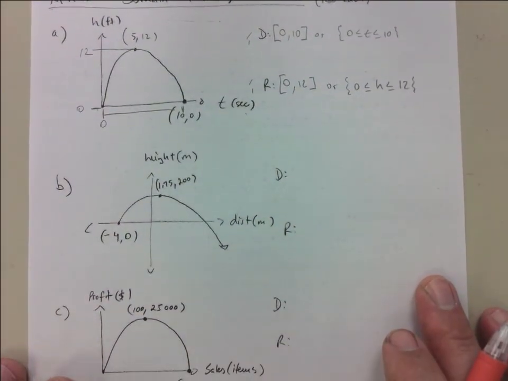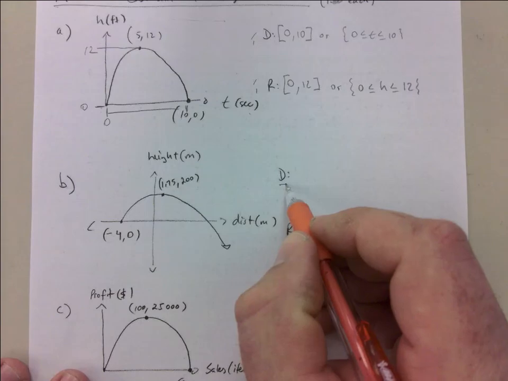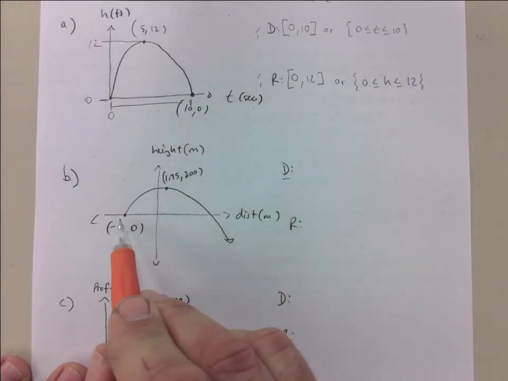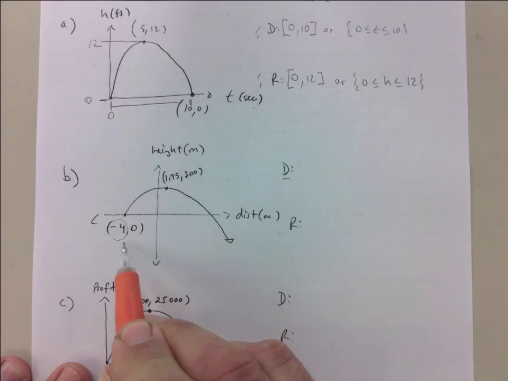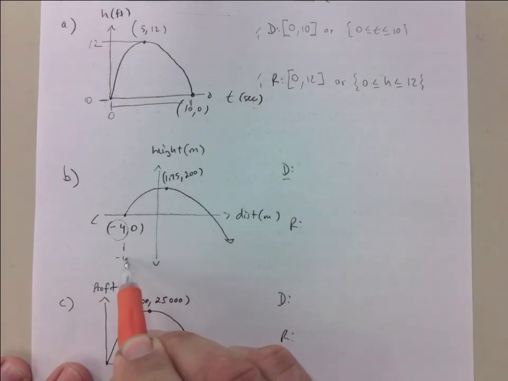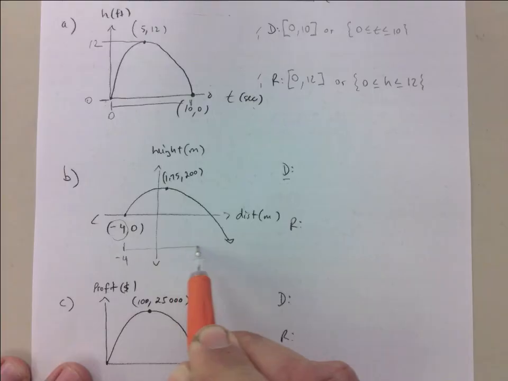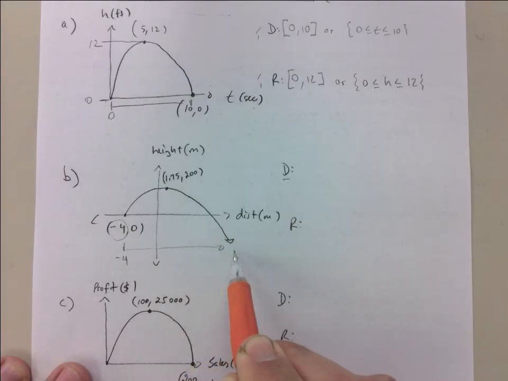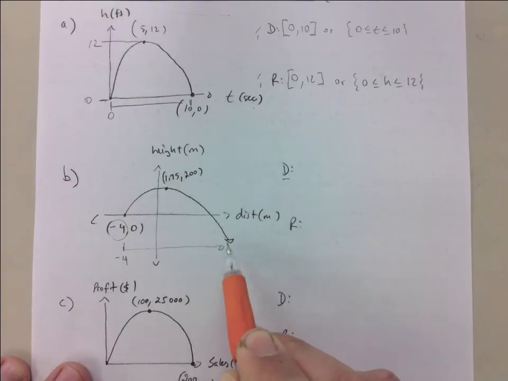Then here for this one, domain, you have to scan, it goes as low as -4. You try to chase that graph, and if you go to the right, you'll never catch up to it because this indicates that it keeps on going.